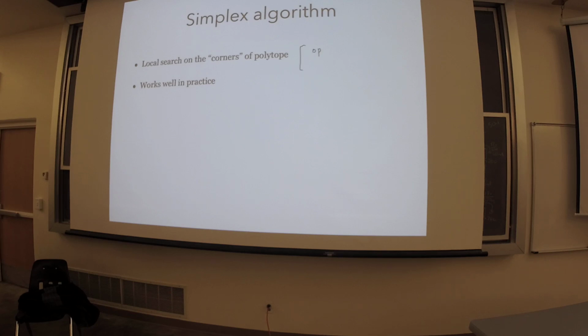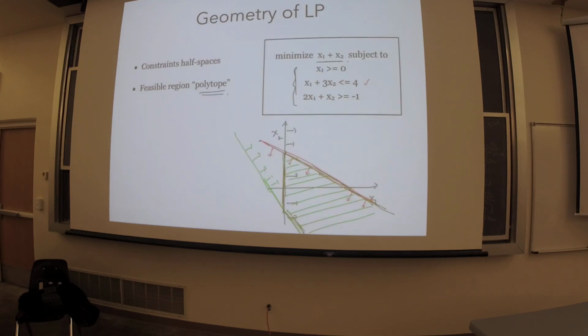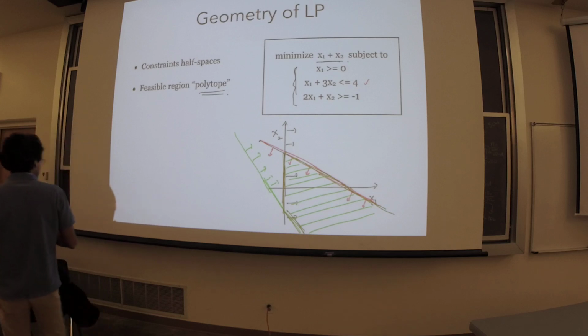You can show that the optimum value is either plus or minus infinity, or is attained at some corner point. So in this example, if I wanted to maximize x1 plus x2, the corner points of this polytope are these points.